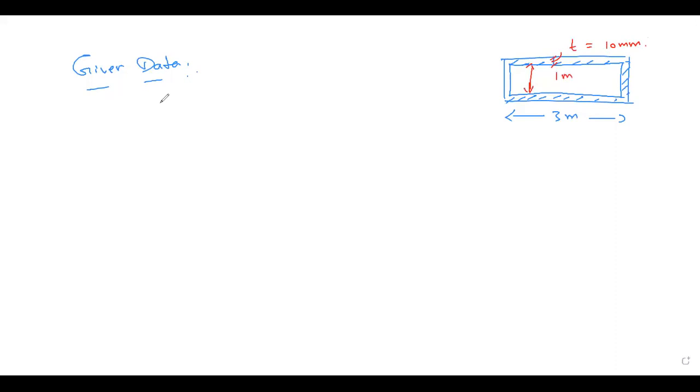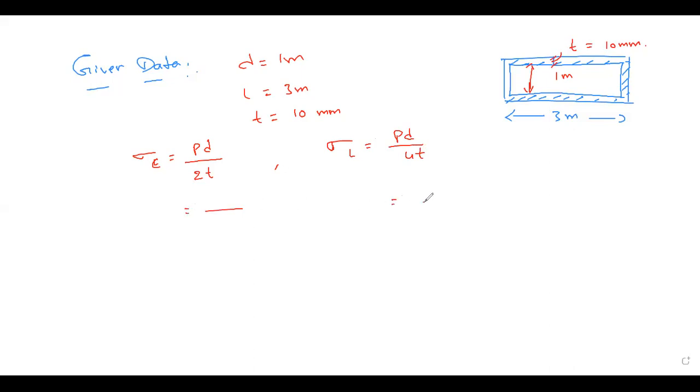Okay, so diameter is 1 meter, length is 3 meters, thickness is 10 mm. So with this, calculate straight away by using these formulas: PD by 2T, circumferential stress, and PD by 4T, longitudinal stress. So calculate and tell me the answer.